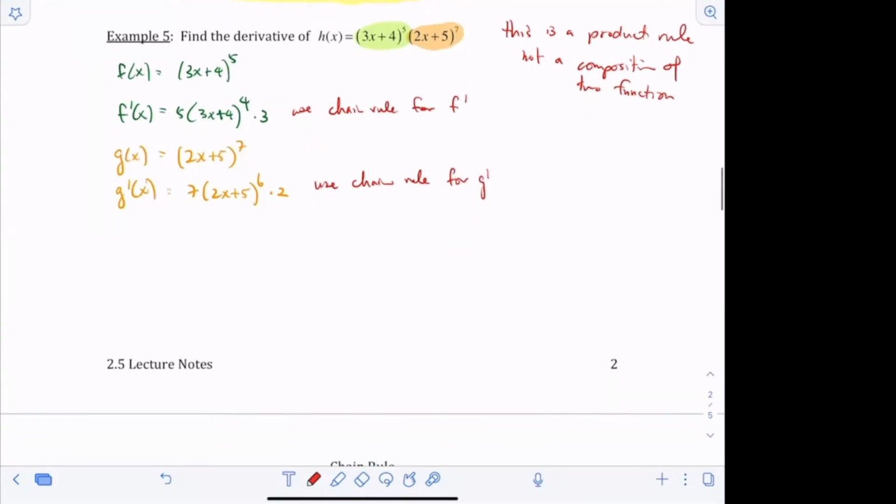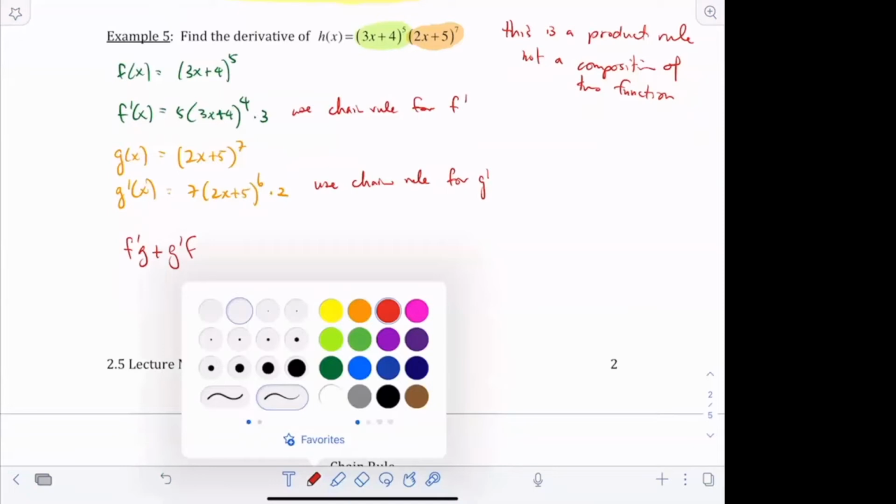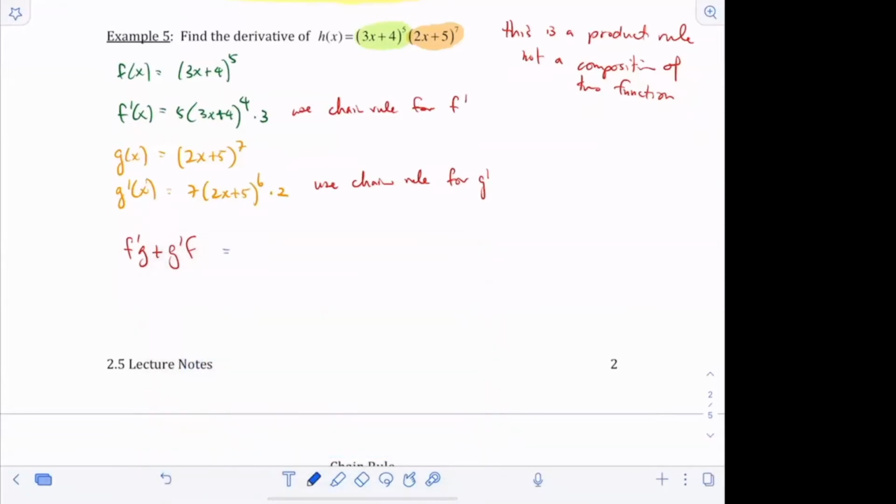So when I go to write my derivative, it is f prime g plus g prime f, and that's going to give me 15 times (3x plus 4) to the 4th power. That's the derivative of the first function.